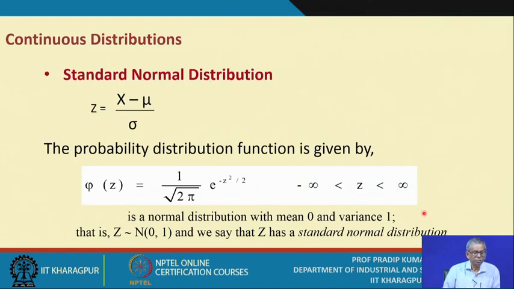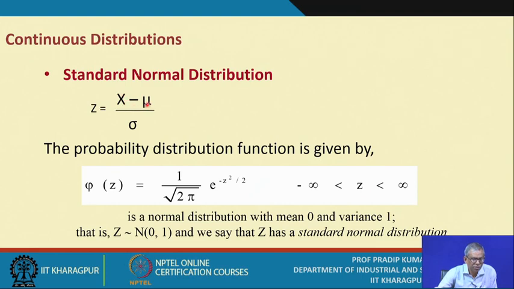Now, what we try to do is standardize the normal distribution, and we refer to the standard normal distribution, where x is transformed to z. z is nothing but the difference of a particular value of the random variable from the mean, and this difference is expressed in standard deviation units.